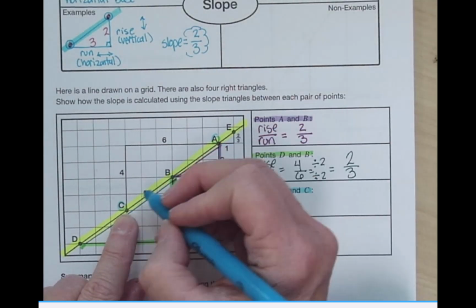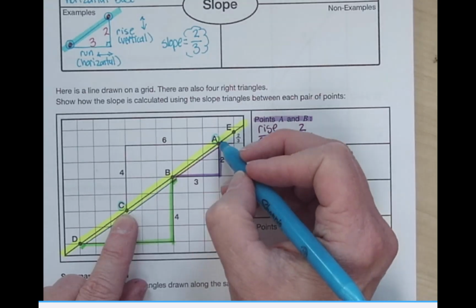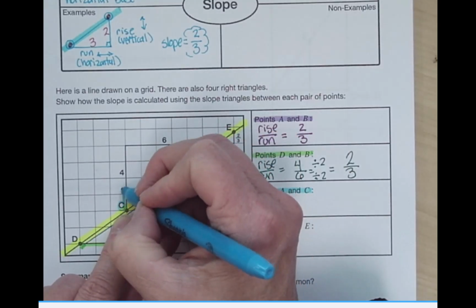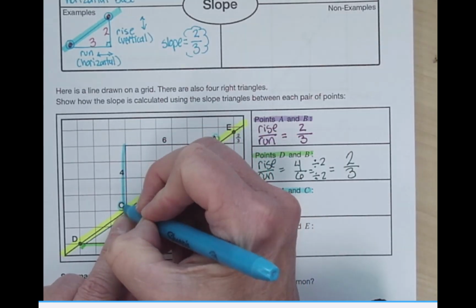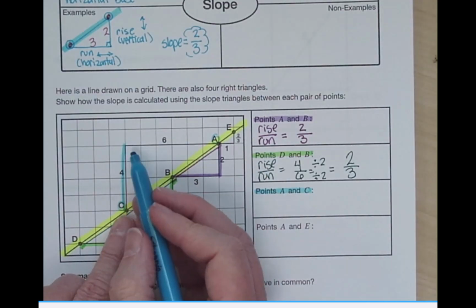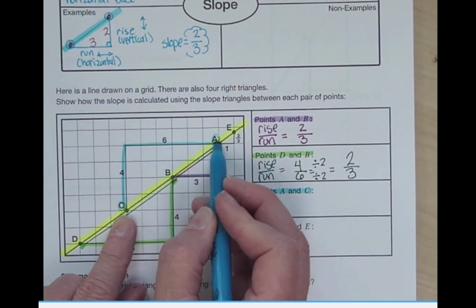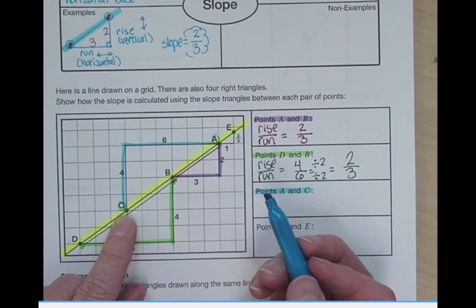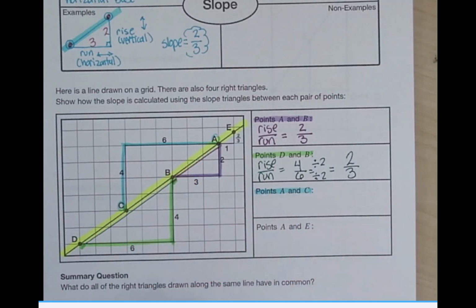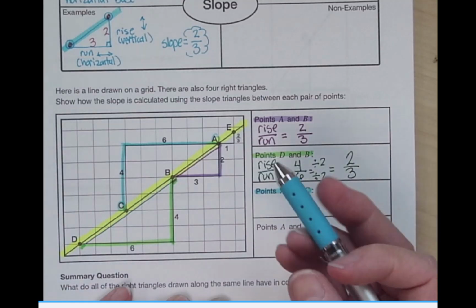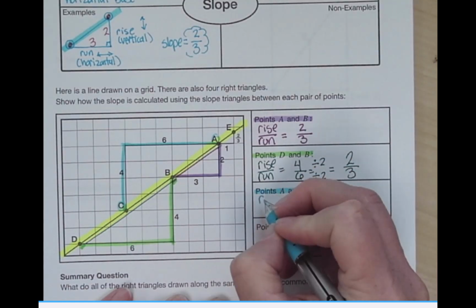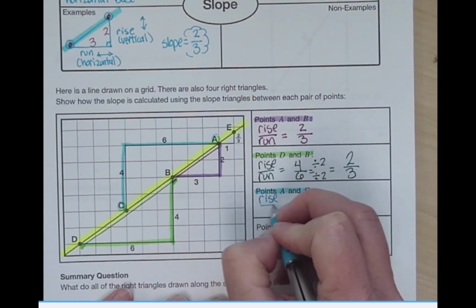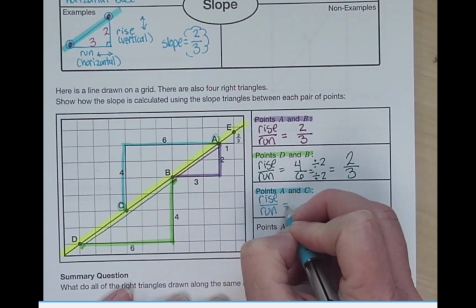So to get from A to C, it looks like the vertical change, the rise, is 4. And from C to A, the horizontal change is 6. We always have to do the rise over the run.